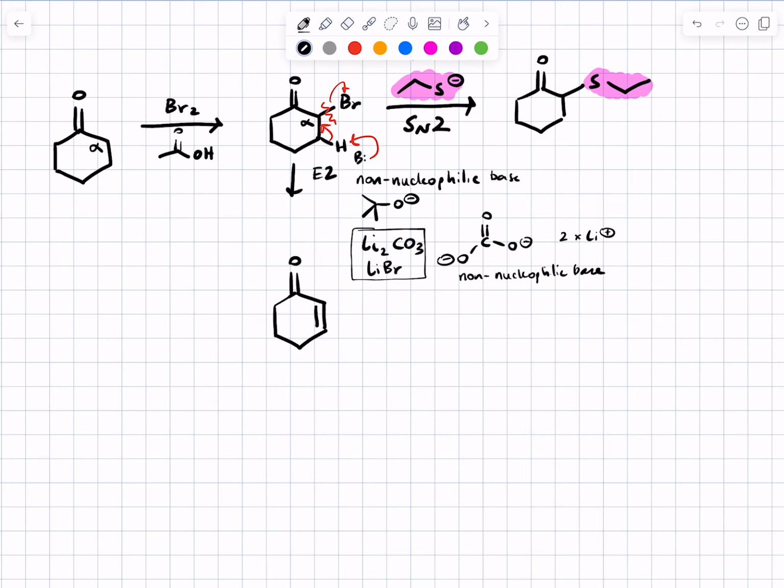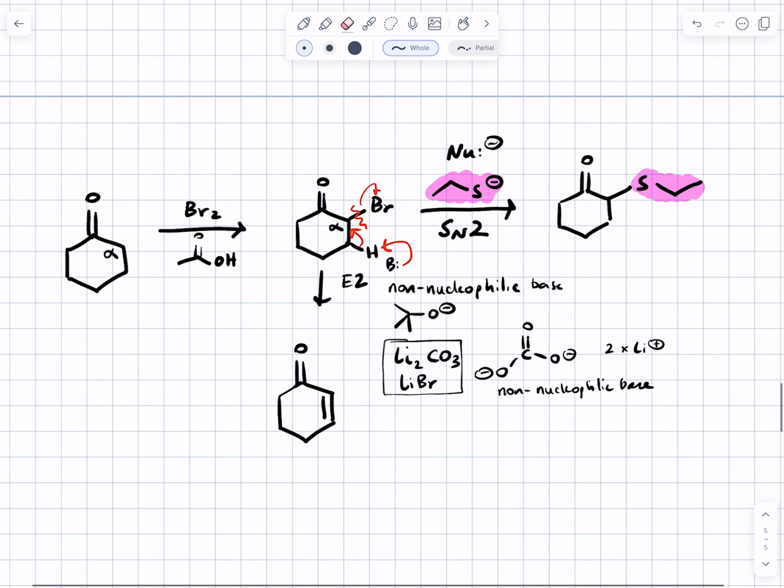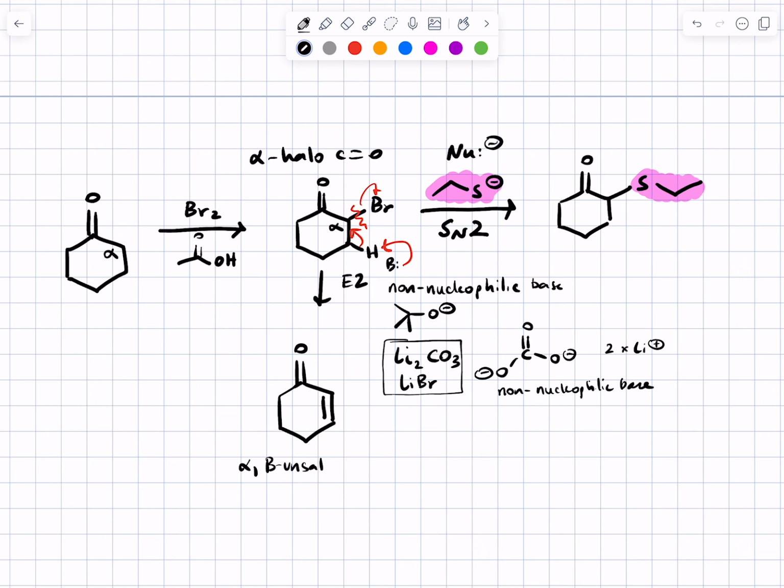Okay, so why are we bothering with this? Well, that product of eliminating the alpha halo carbonyl compound is interesting because this is an alpha beta unsaturated carbonyl compound. And we have used that in chapter 13 as a starting material.